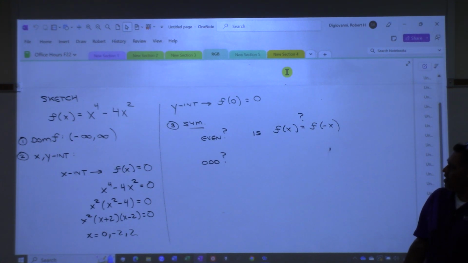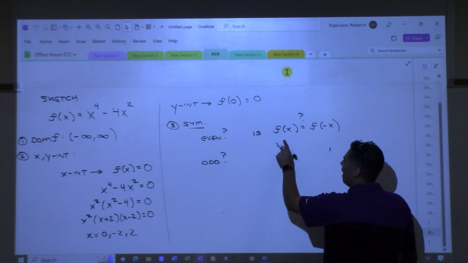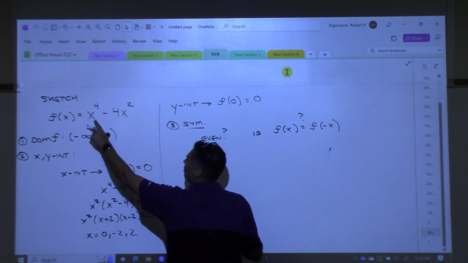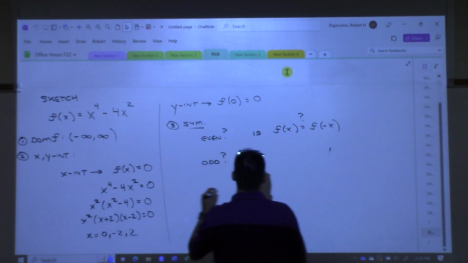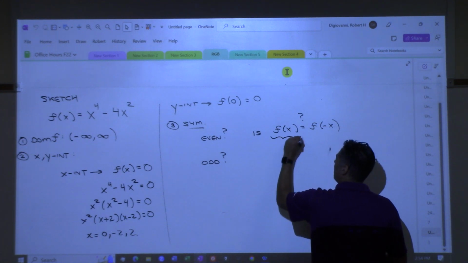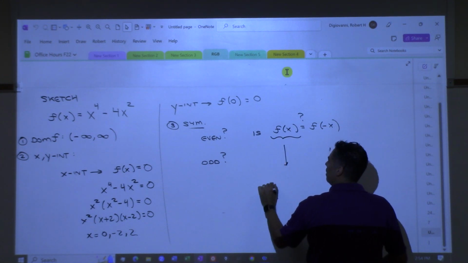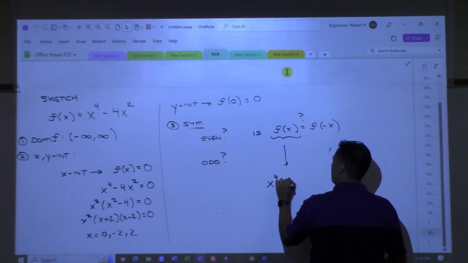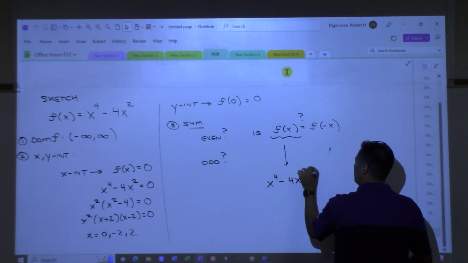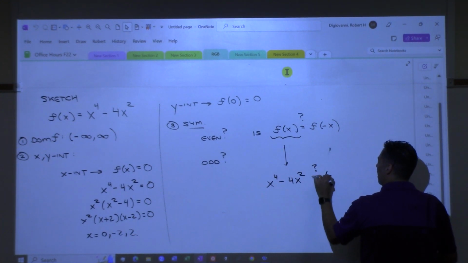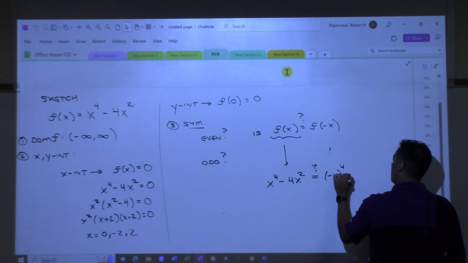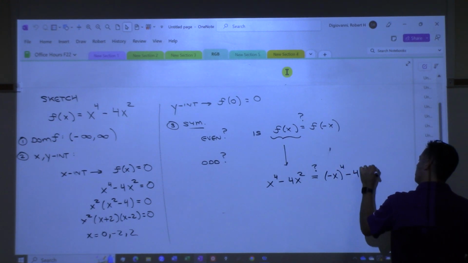Well, let's check. What happens if I plug x into this? You get exactly that, don't you? So this side is x to the fourth minus 4x squared. The question is, is that equal to plugging a negative x into it? What do y'all think? Do you get the same answer?